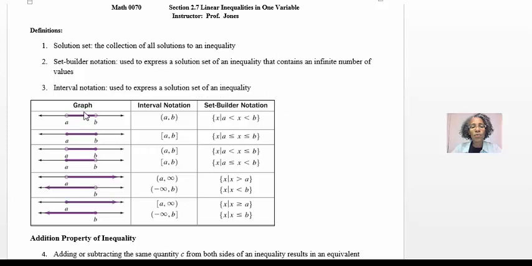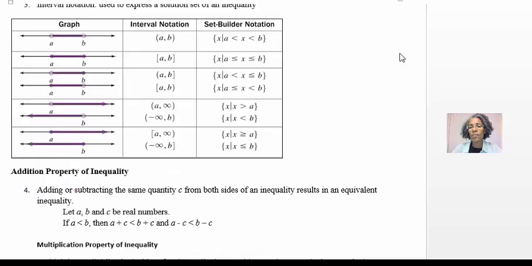So in all, we will have three ways that we will show solution sets. We can show them as a graph, as an interval, and using set builder notation. And these particularly are solution sets where there are an infinite number of values in the set.